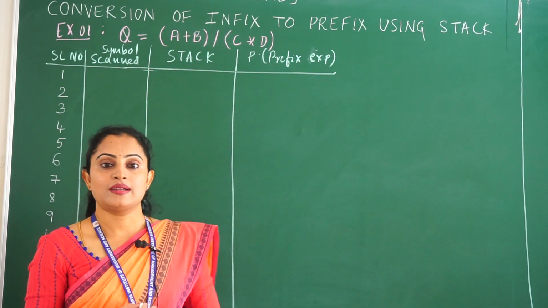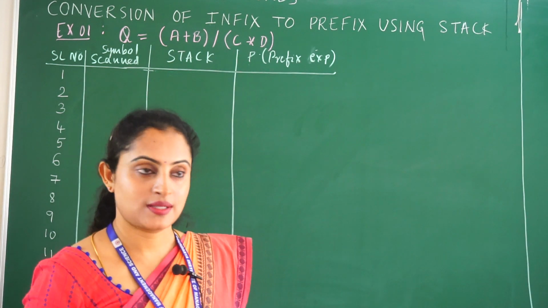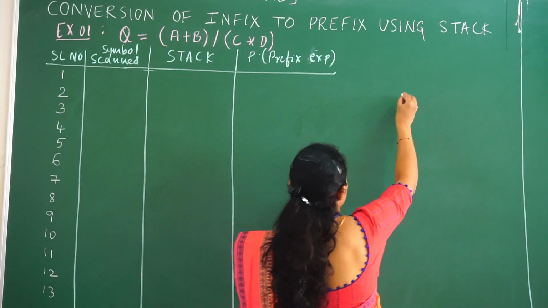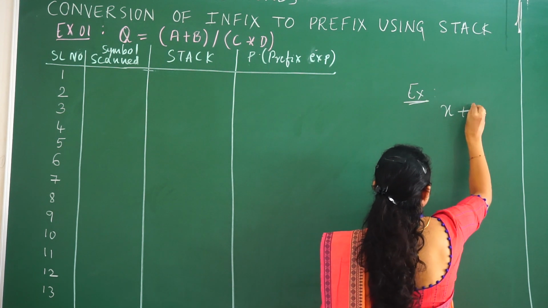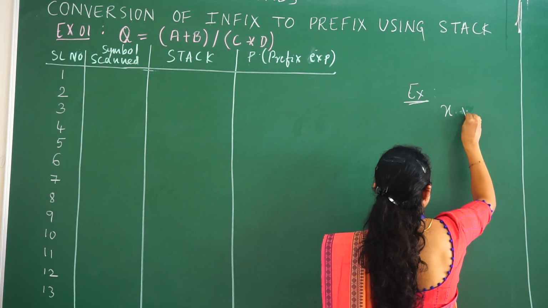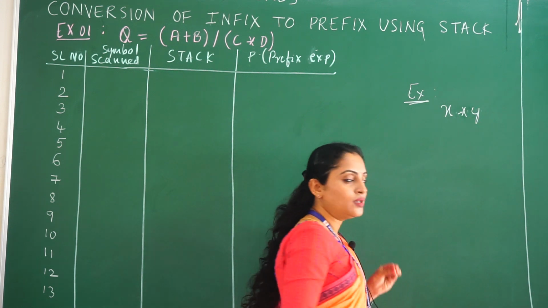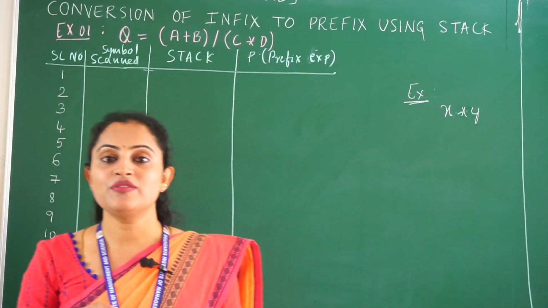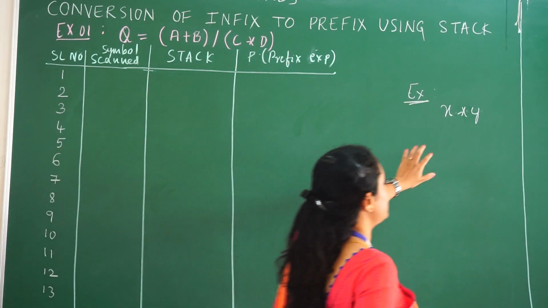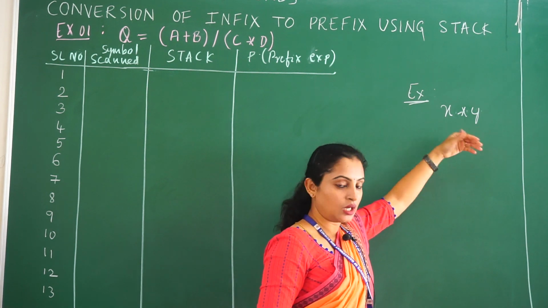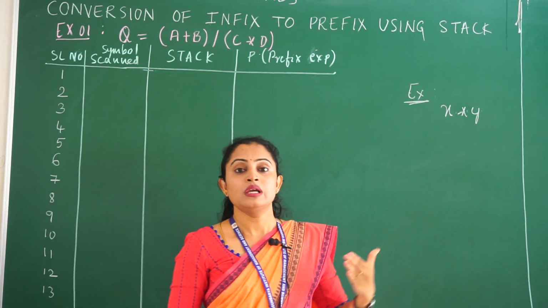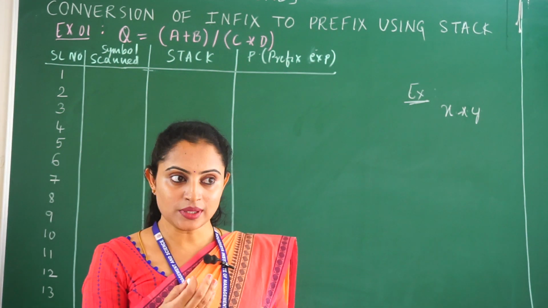So before starting, what is a prefix expression? For example, whenever the operator is placed in between two operands, we call this expression an infix expression. When we want to convert this to the prefix expression, in prefix, pre is nothing but prior.